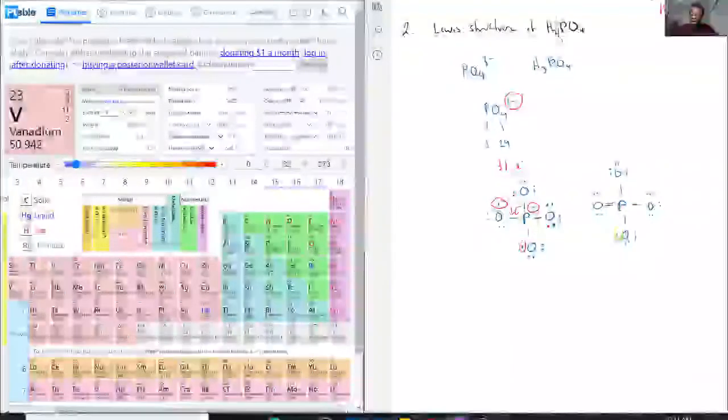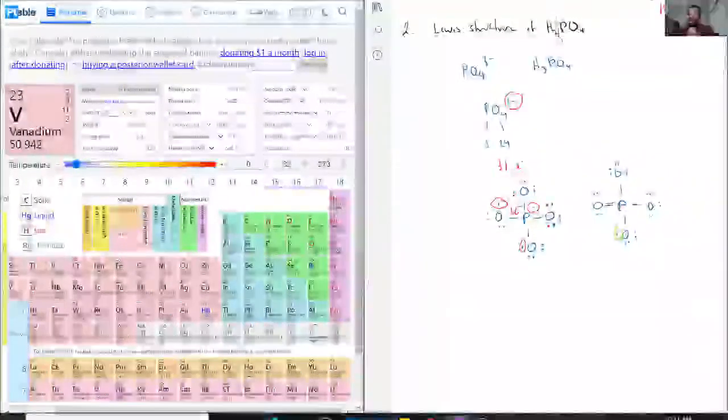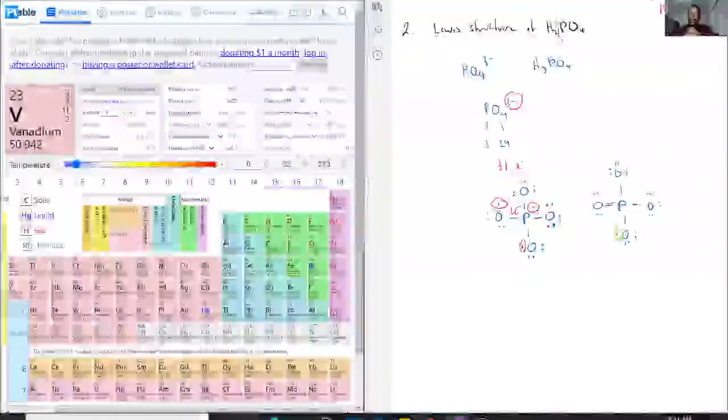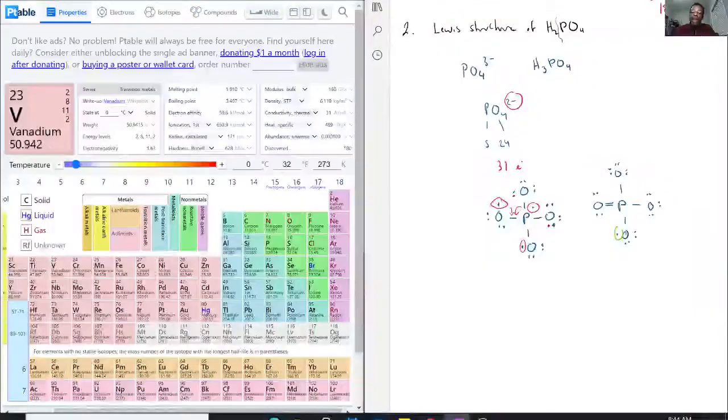But then we still have this one unpaired electron, which is why PO4 2 minus, unfortunately, just doesn't work. That's why the phosphate ion needs to be PO4 3 minus. I just wanted to work through this to show you why this wouldn't balance out, as we've shown here, we have literally 1 unpaired electron.